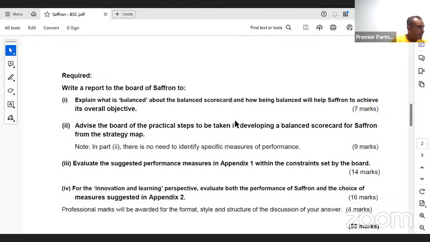So there you get your 4-5 marks. Then we move to answering the second part: how being balanced will help Saffron to achieve its overall objective.